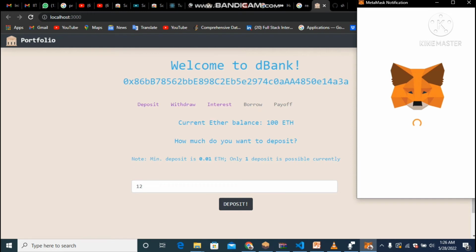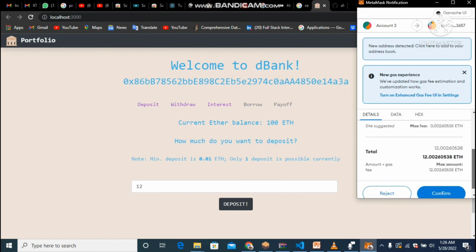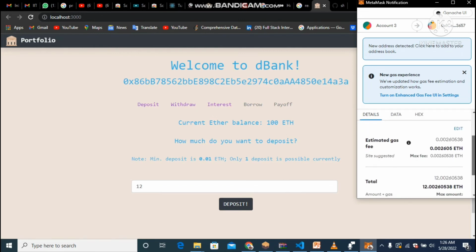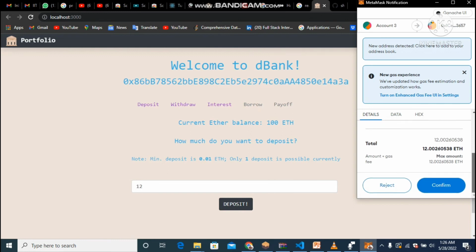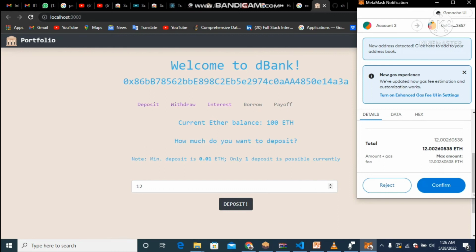It acts as a wallet in which we can store our ether. Here you can see new address detected, address book, and this is the MetaMask notification asking me for confirmation. You can see I entered 12 ethers, but the amount here is much bigger than 12 ethers.